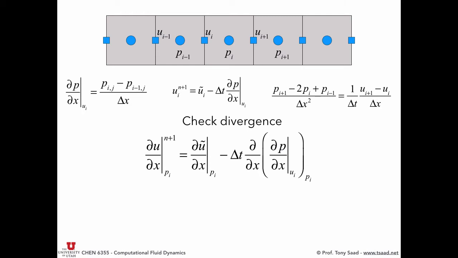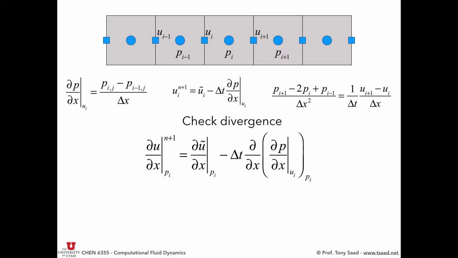Now this is a funny one. Delta t div grad. So this is div grad. This is d dx of the pressure gradient, but evaluated at pi. Now remember, the pressure gradient lives here, right? Because when we computed the momentum equation, the pressure gradient, we took these two p's and put them here, and these two p's and put them here.